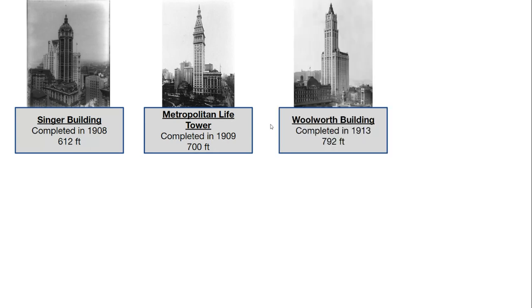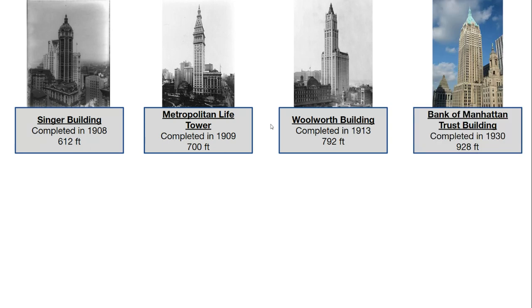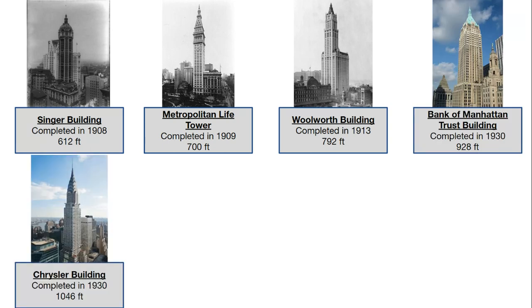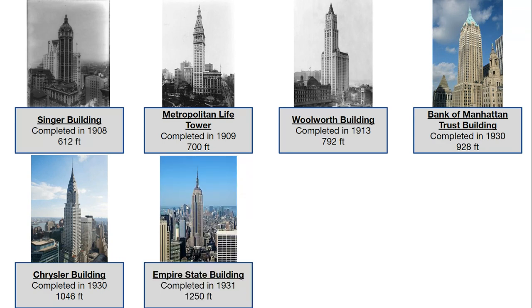The tallest one kept changing a bunch in the early 20th century, and then around the 1930s it really got exciting, with the Chrysler Building being over 1,000 feet in New York City, which is one of my all-time favorite buildings. And then the Empire State Building was built one year later. It was the tallest building in the world for 40 years at a height of 1,250 feet.